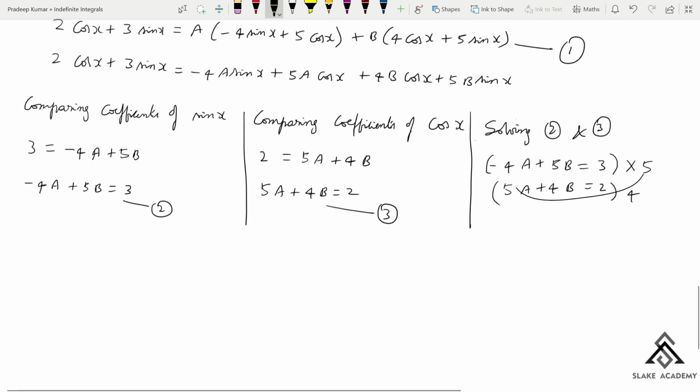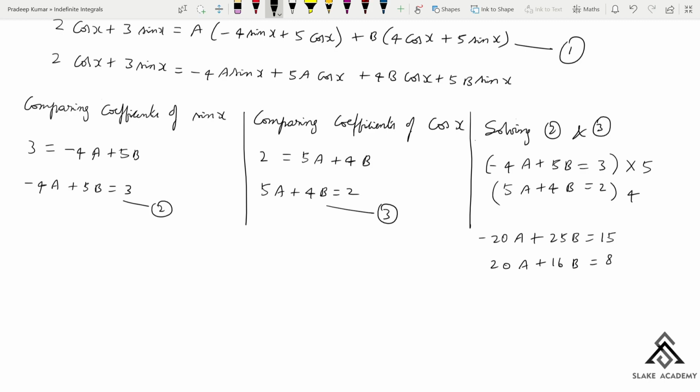So 5 into 4 is 20, so minus 20a plus 5 into 5 is 25b, 5 into 3 is 15, 5 into 4 is 20a, and 4 into 4 is 16b, 4 into 2 is 8.